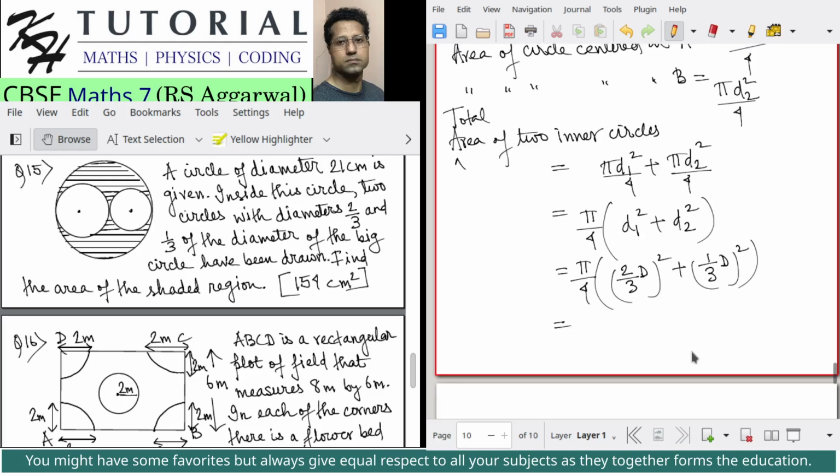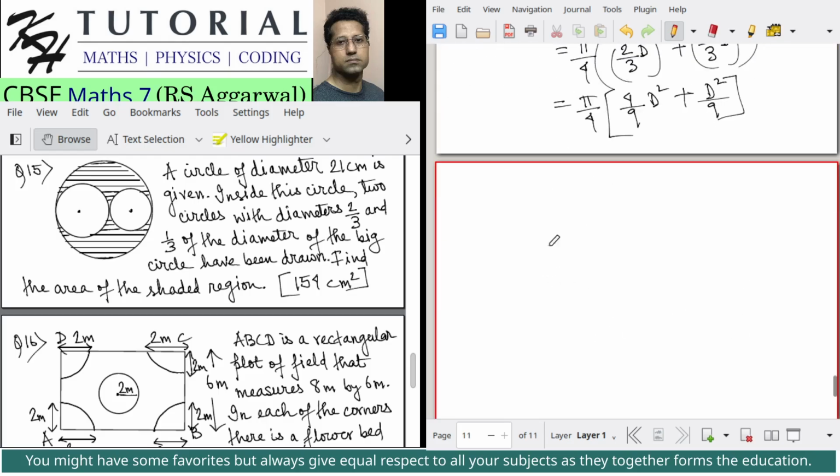So this is equal to pi by 4, and we have 2 by 3 d, square of 2 by 3 d is 4 by 9 d square, and we have d by 3 square, square of d by 3 is d square by 9. This is equal to pi by 4 times 4 by 9 d square plus d square by 9, which is 5 by 9 d square.